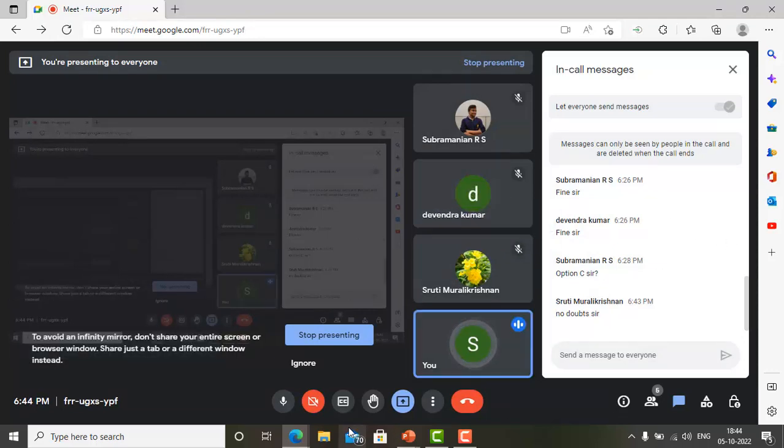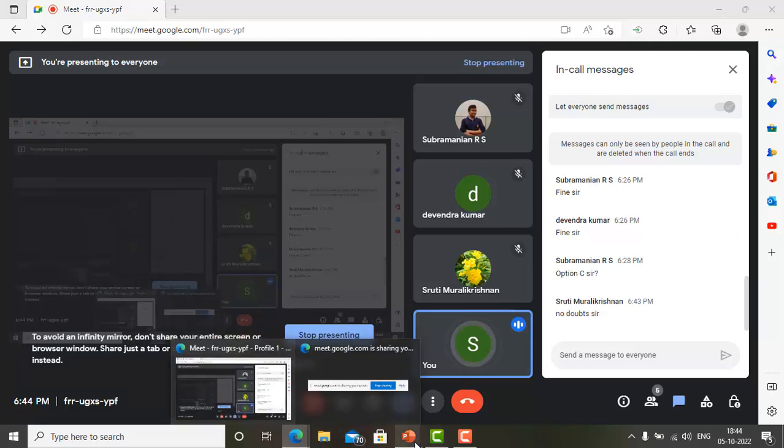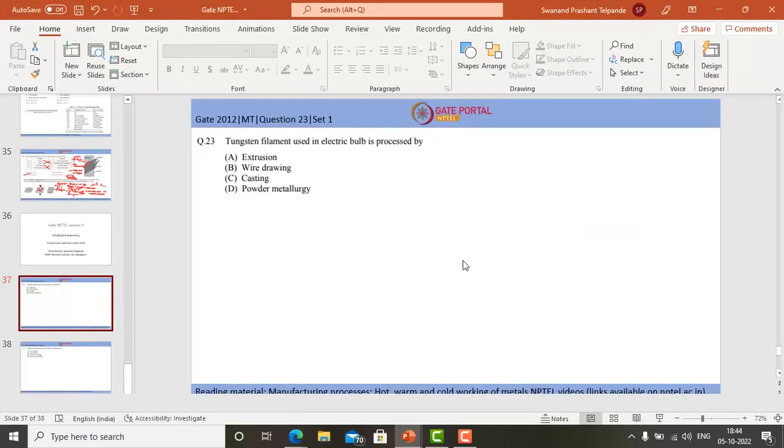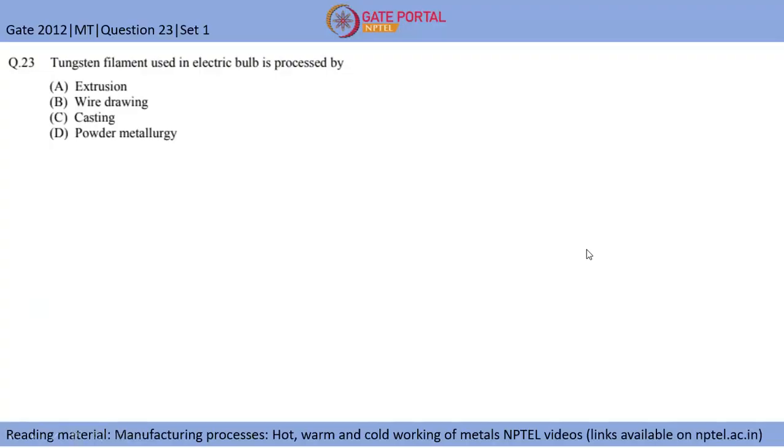Okay, I will go through the answer, like how it is manufactured. This is question number 23, GATE Metallurgical Engineering 2012 question paper. Tungsten filament used in electric bulb is processed by: option A is extrusion, option B is wire drawing, option C is casting, and option D is powder metallurgy. First we have to know the melting point of tungsten.